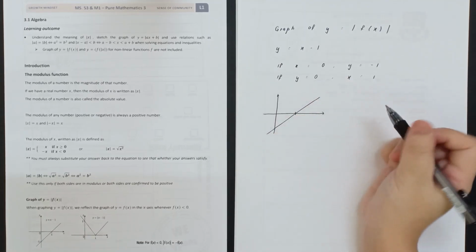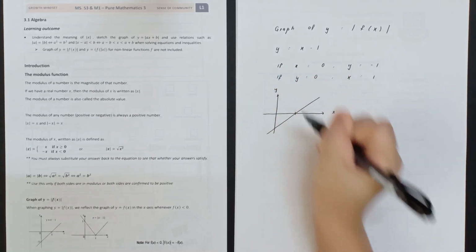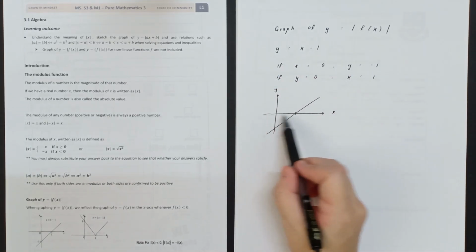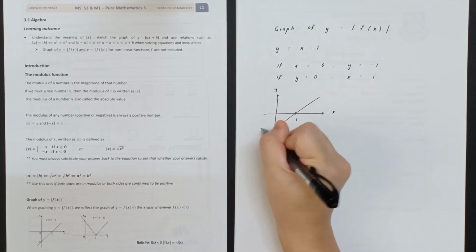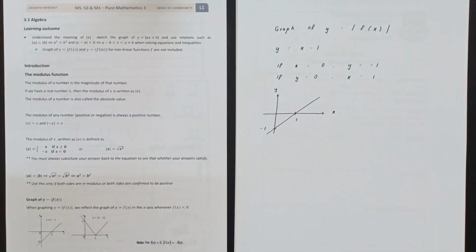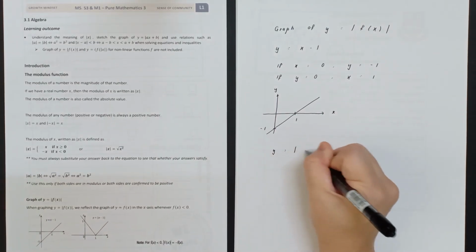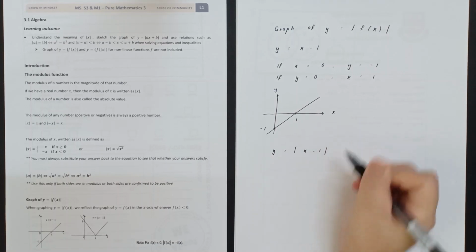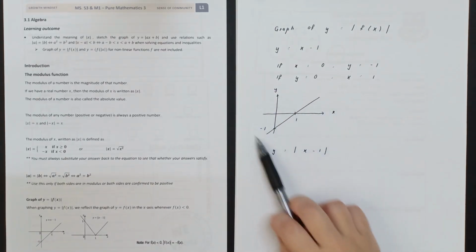Okay, so here is x, y. When y is 0, your x is 1. When x is 0, it's negative 1. So this is your original graph. What happens if I want to draw a modulus graph? You can see that I have this graph, right?